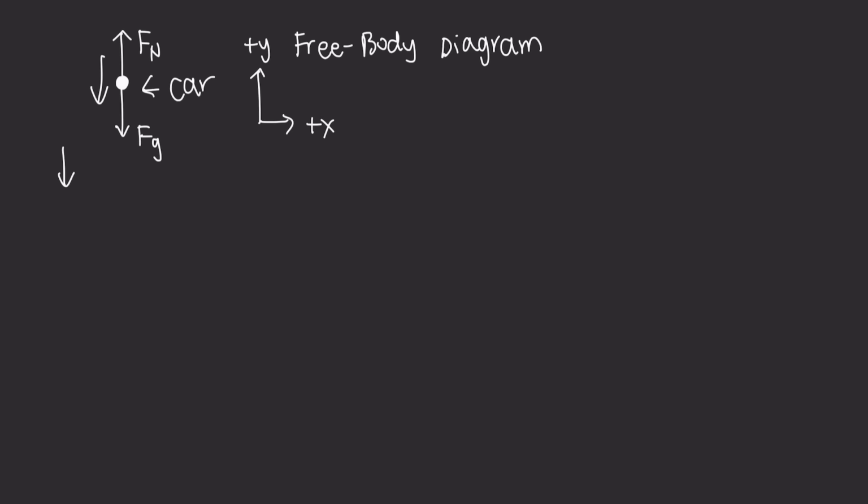And now let us imagine that we have that same car, but there is another object on it, say a person. So first you have the force of gravity from the car itself, and then there is a second force of gravity that acts on the person.